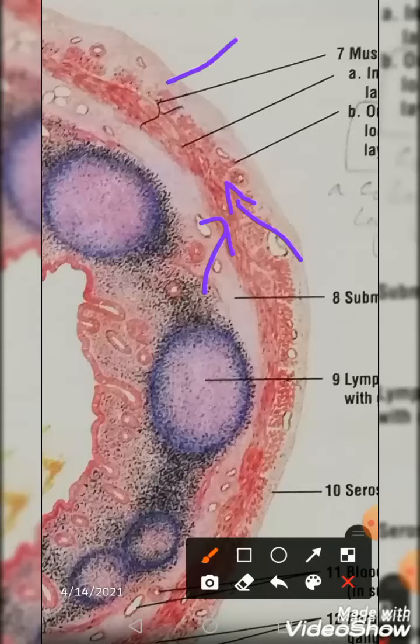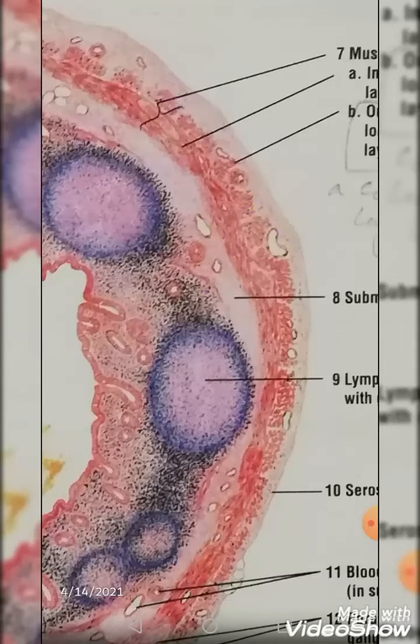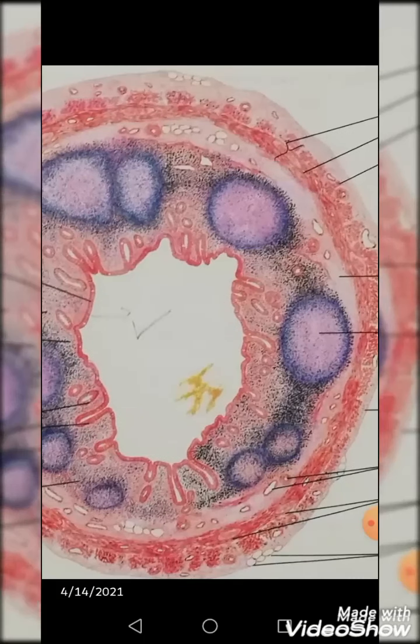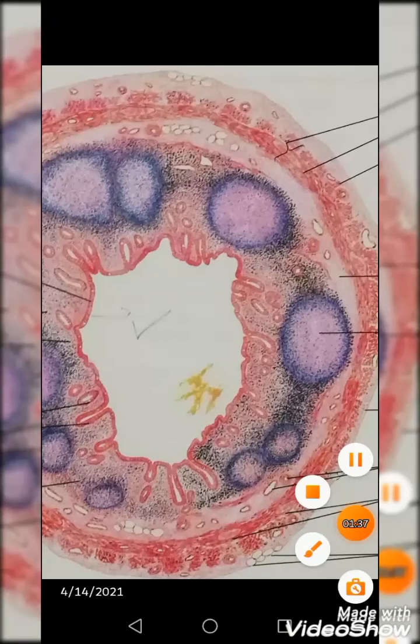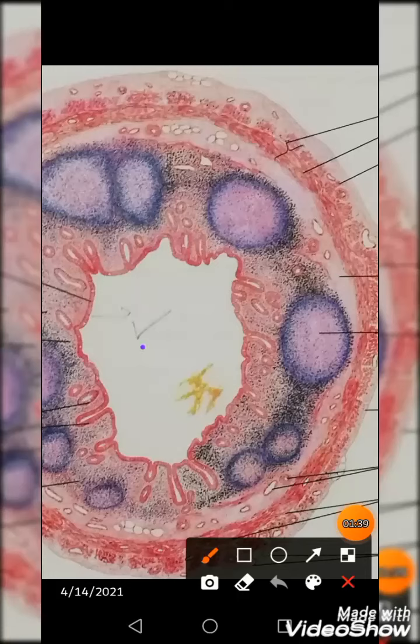And on its very outer side you find the serosa having the neurovascular bundle in it. And what's special about it is that in between the two layers of this muscularis externa, you can find the myenteric plexus, which is a part of the enteric nervous system, present over here.